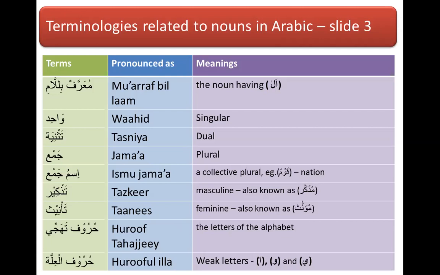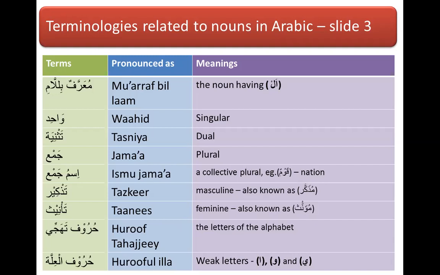Wahid is singular, dual is called as Tathniya in Arabic, and plural is called as Jama'. Next term is Ismu Jama'. A collective plural is called as Ismu Jama'. For example, Qawmun, known as nation.